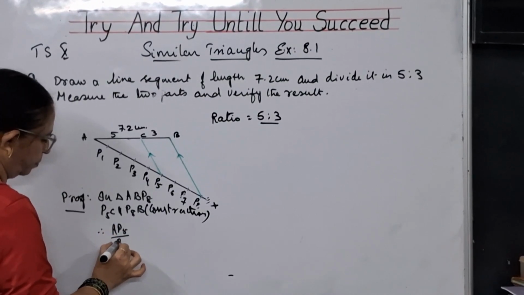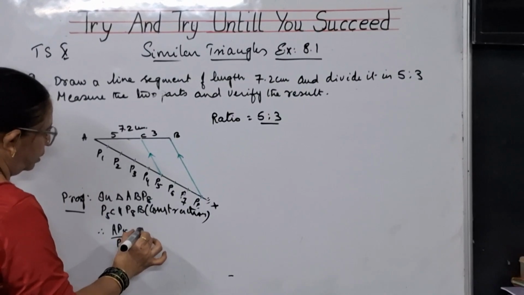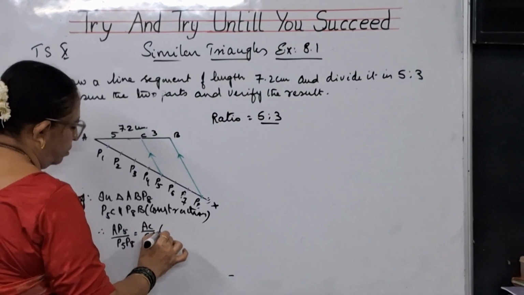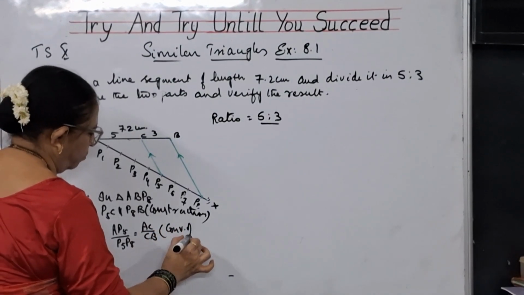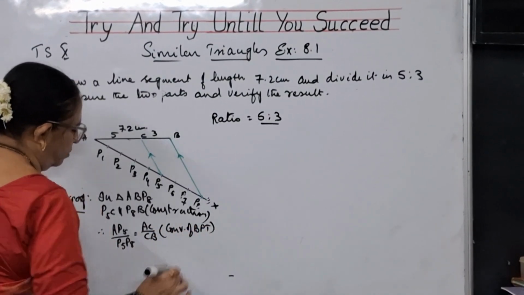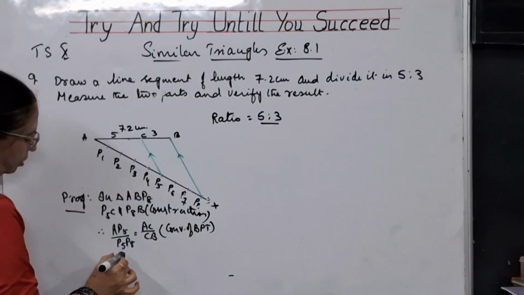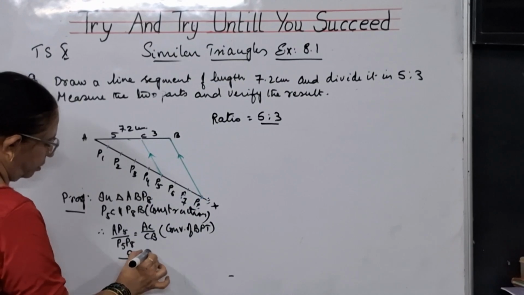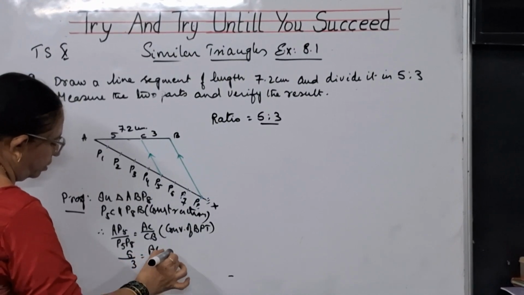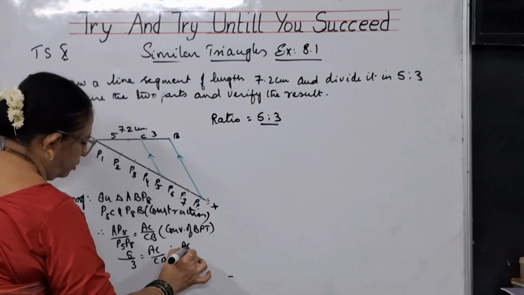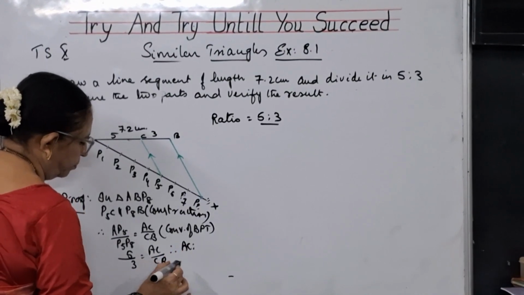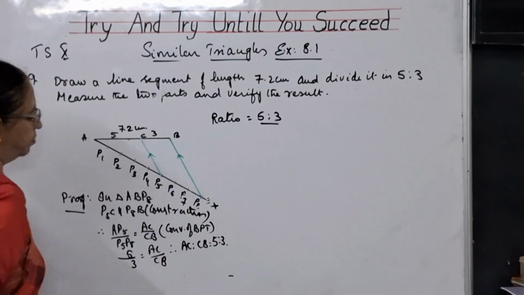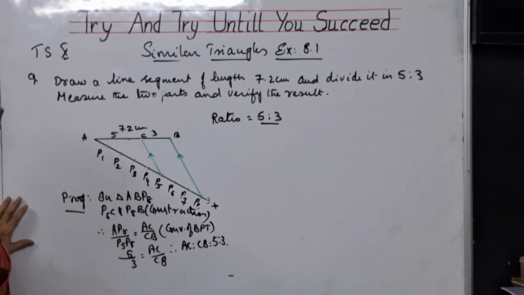AP5 by P5P8 is equal to AC by CB, basing on the converse of BPT. Now AP5 has got 5 points, P5P8 has 1, 2, 3 points, is equal to AC by CB. Therefore, AC is to CB is equal to 5 is to 3. So this way you can prove it.